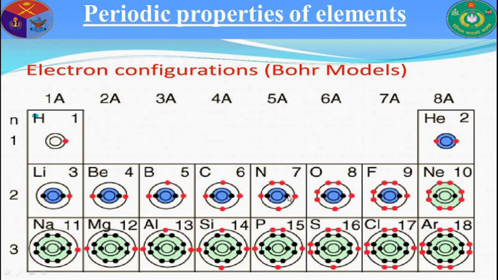It is clear that in any period the element of group 1 has the lowest ionization energy and the inert gas has the highest ionization energy, which is shown in every period of the periodic table, like the second period, third period, etc.